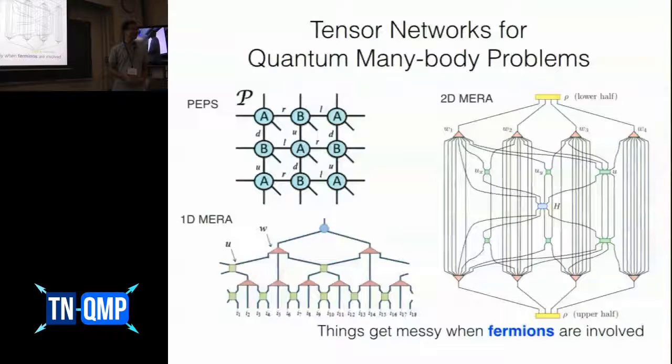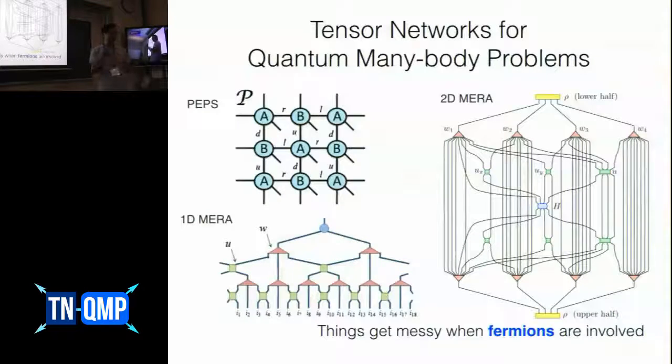Anybody else? Oh yeah, Luca. And if you want to put fermions on it, you have to be careful that when you swap fermions, there's a minus sign.